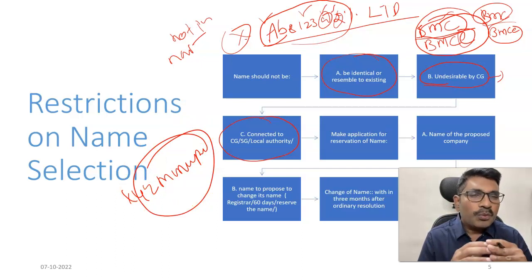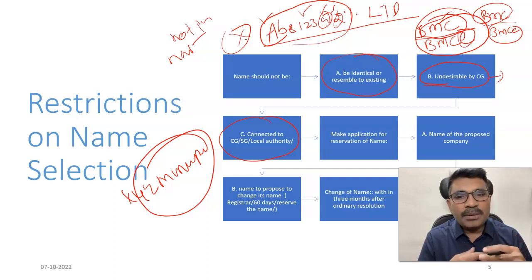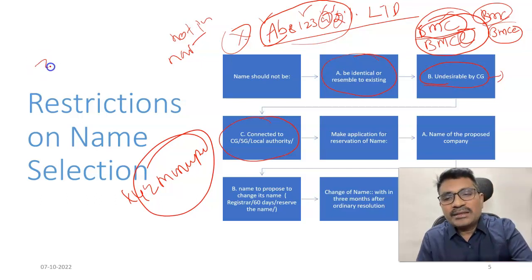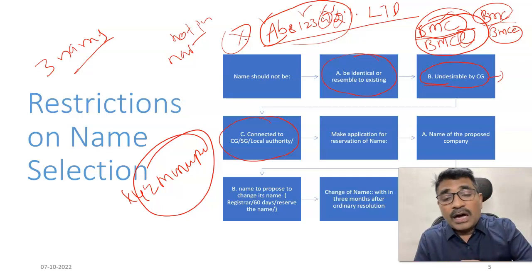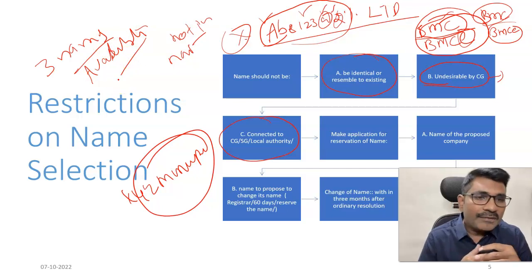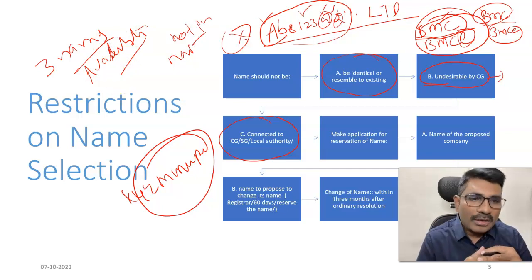So a name should be one which has been selected by the promoters. The promoters have the complete choice. Promoters can select three names and they can register their names well in advance, and they can also check the availability of the names. The facility is available, so they can go and see whether a particular name is available or not.